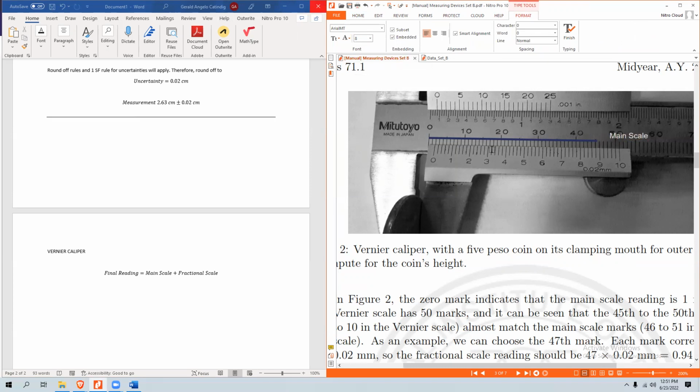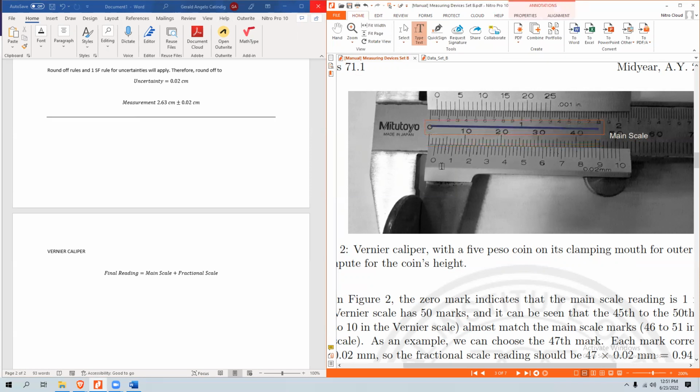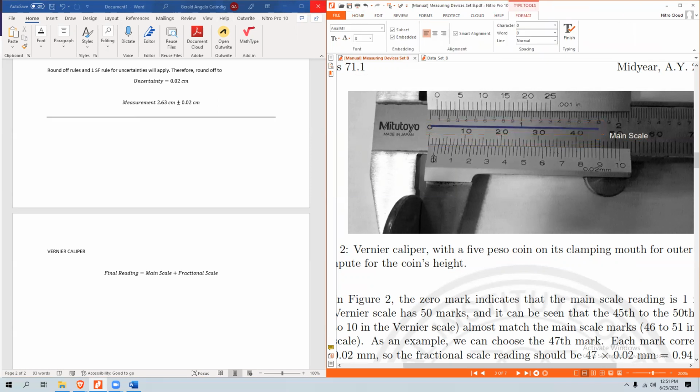In this measurement, the 0 mark of the smaller scale here will denote the main scale measurement. Where does it coincide with the big scale here?